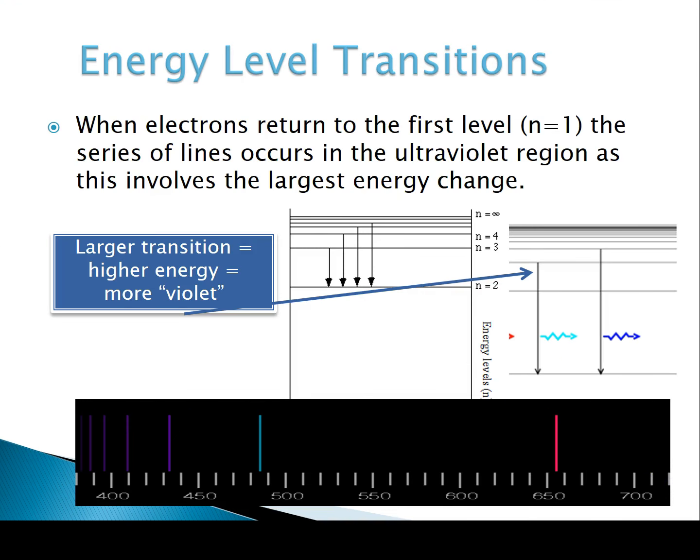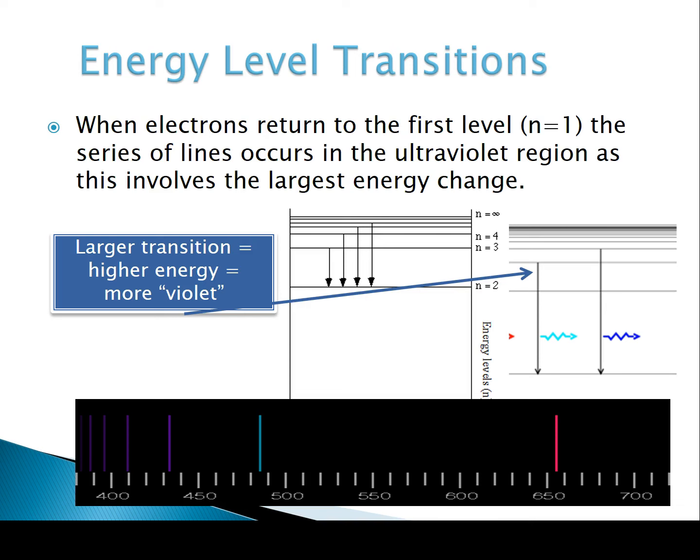Okay, so when electrons are excited and then return all the way back to the first energy level, the series of lines that will occur in the spectrum will show up in the ultraviolet end of the spectrum because that involves the largest possible energy change.